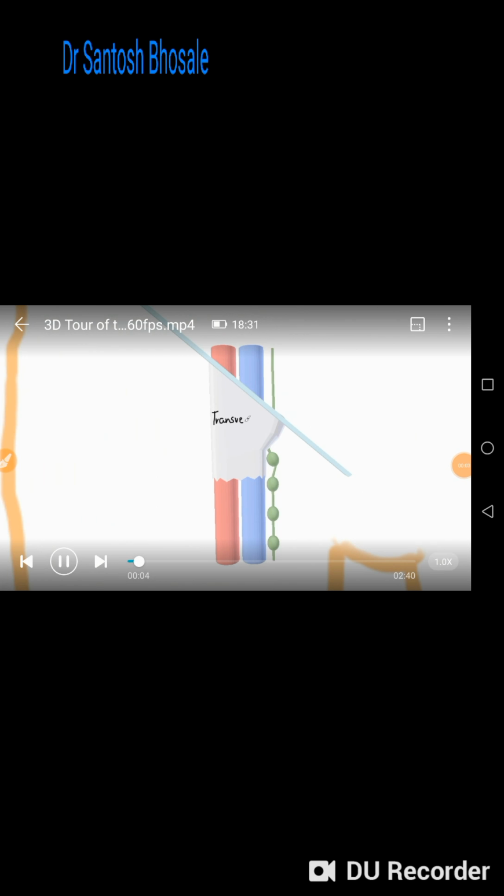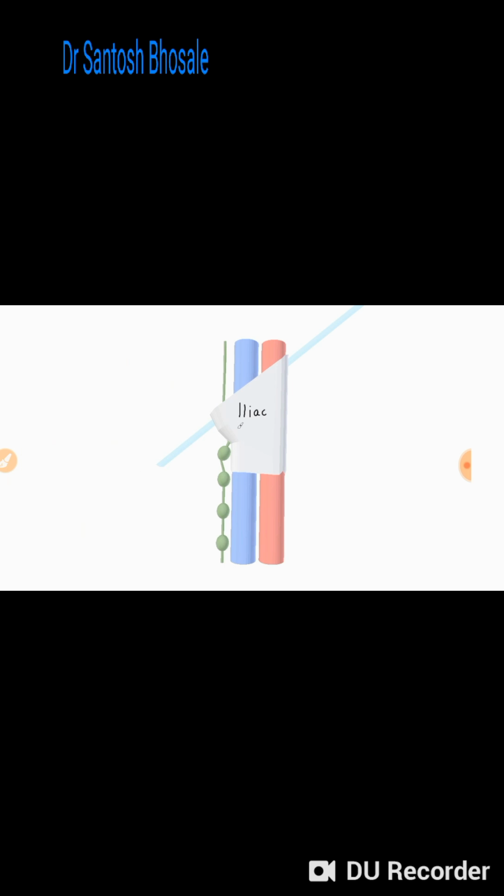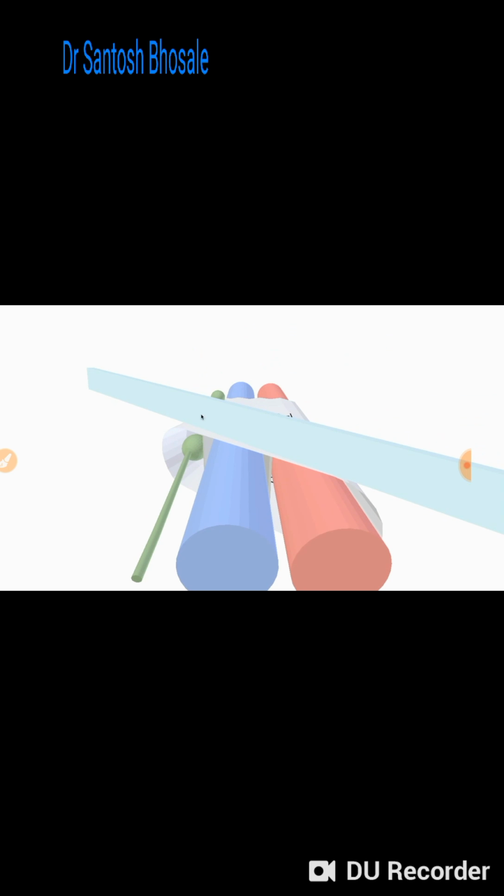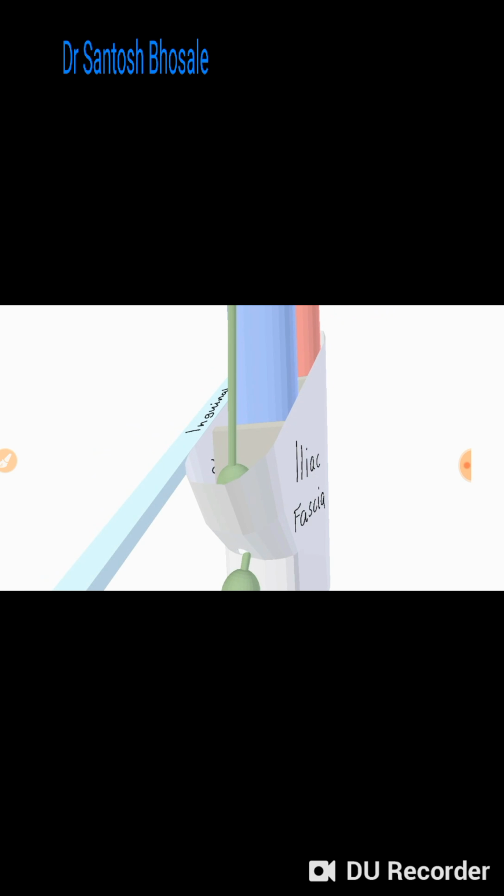The sheath is anteriorly formed by transversalis fascia, the fascia of the anterior abdominal wall, and posteriorly by fascia iliaca, and you can see the inguinal ligament there. The lateral compartment is formed by the femoral artery, the middle one is the venous compartment, and the medial most compartment is the femoral canal.